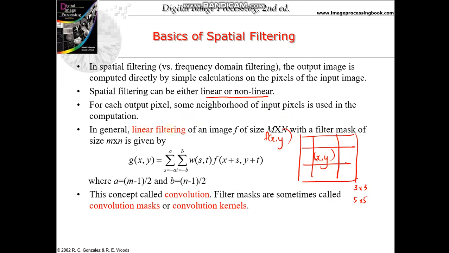In general, linear filtering of an image f of size m cross n with a filter mask w having size small m cross n is given by g of xy equals sigma s varying from minus a to a, sigma t varying from minus b to b, w of st f of x plus s, y plus t, where a equals m minus 1 by 2 and b equals n minus 1 by 2.